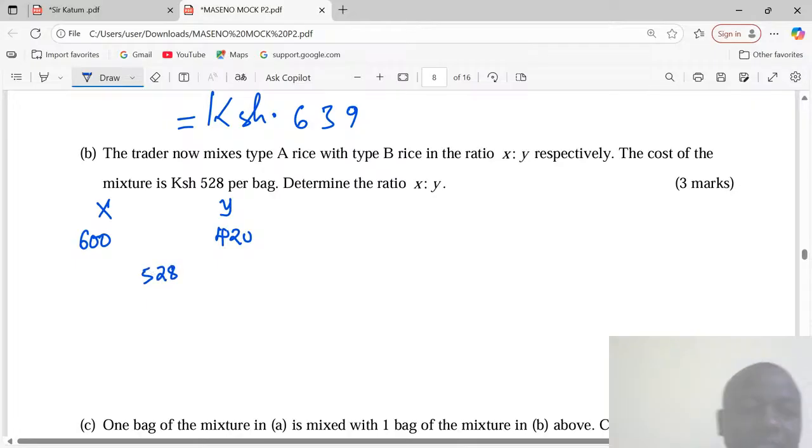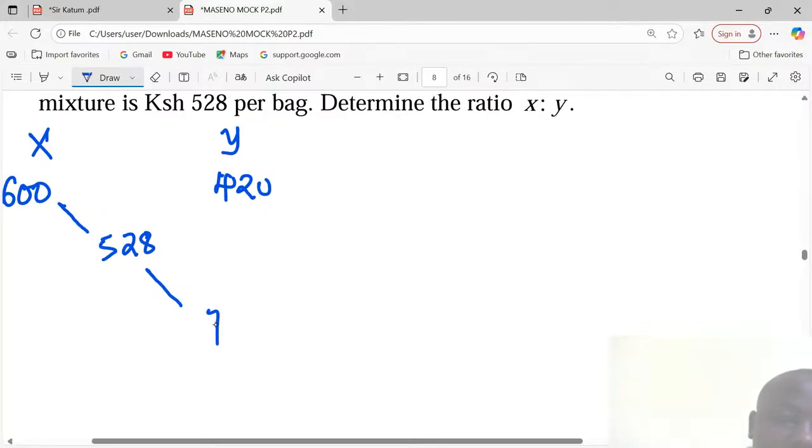This is an approach that you know, though I'm going to give the other working, but you can use this simple approach whereby you take the difference between 600 and 528. You have 600 minus 528. This is 72. You also do the same for the other side.